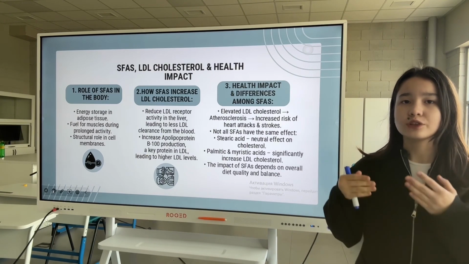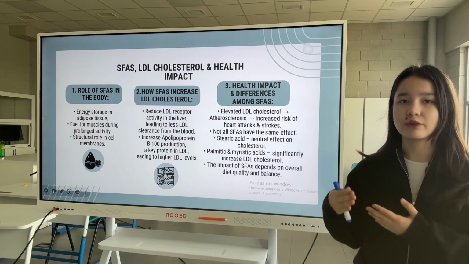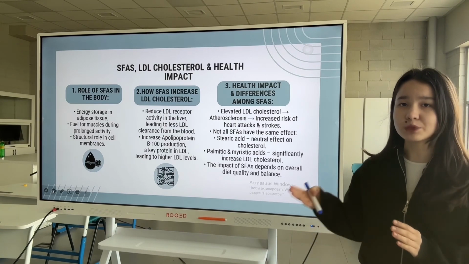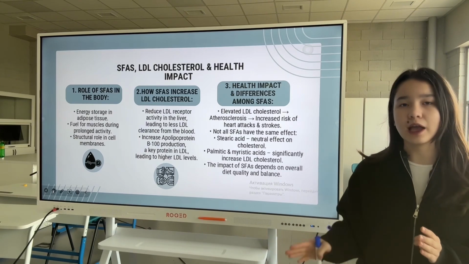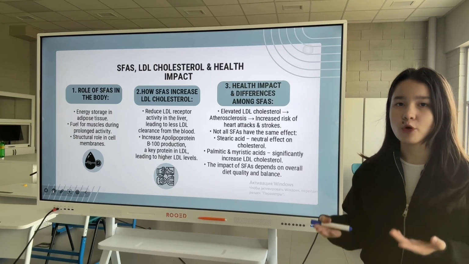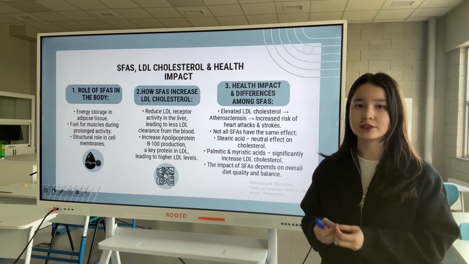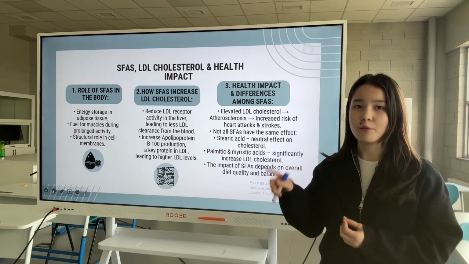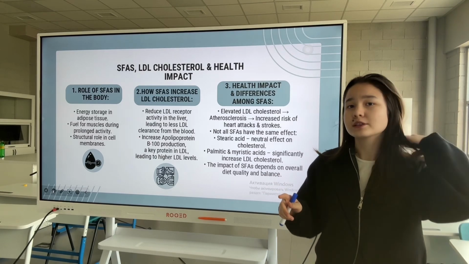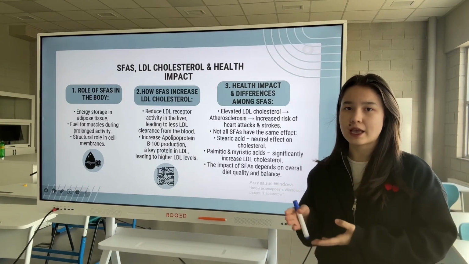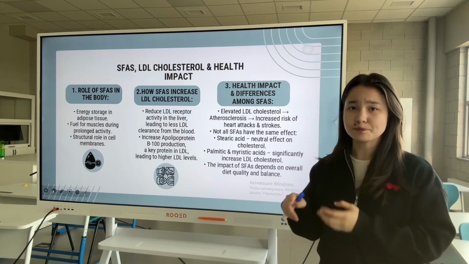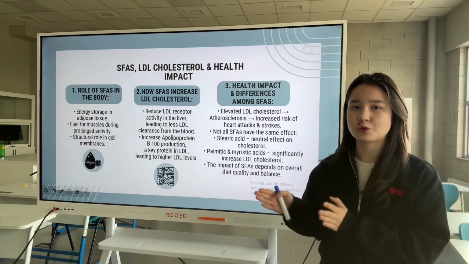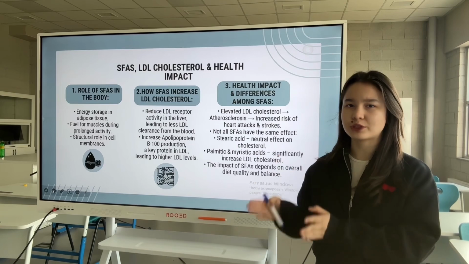It's important to note that not all saturated fatty acids have the same effect on cholesterol levels. Some saturated fatty acids, like stearic acid, appear to have a more neutral effect on cholesterol, while others, like myristic acid, may have a more pronounced effect. The overall impact of saturated fatty acids on cholesterol levels depends on the specific types consumed and the overall dietary pattern.